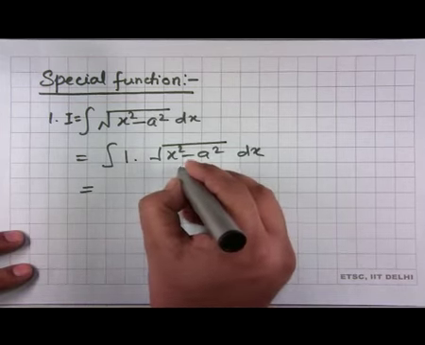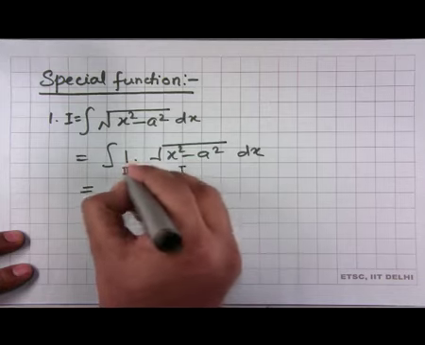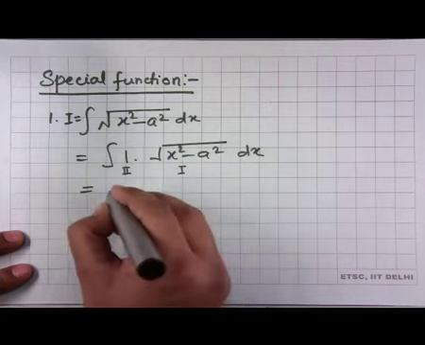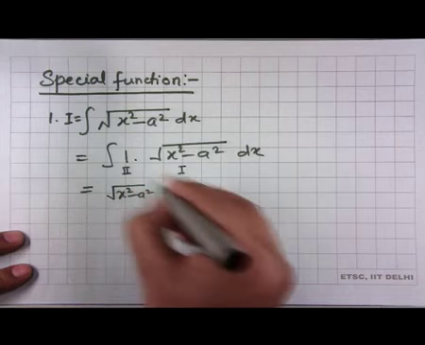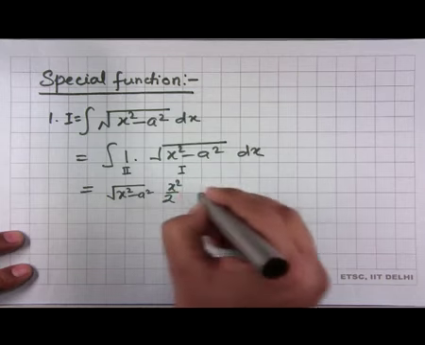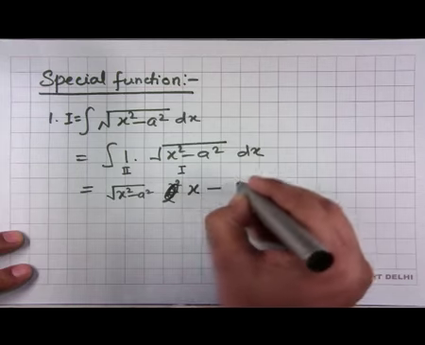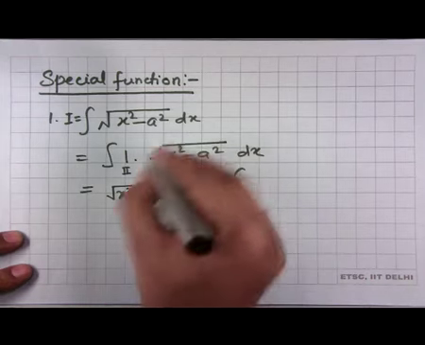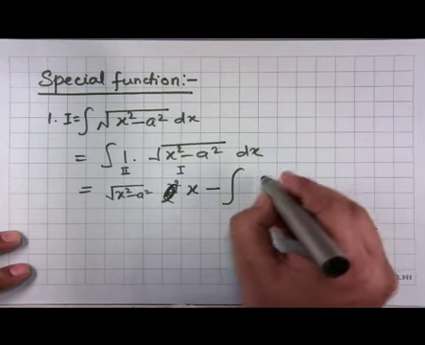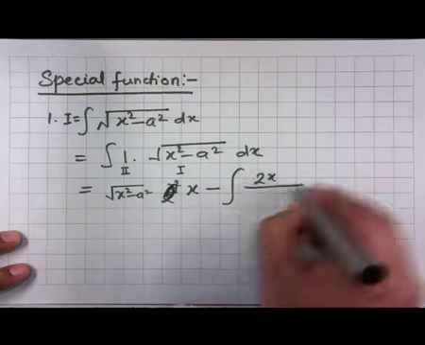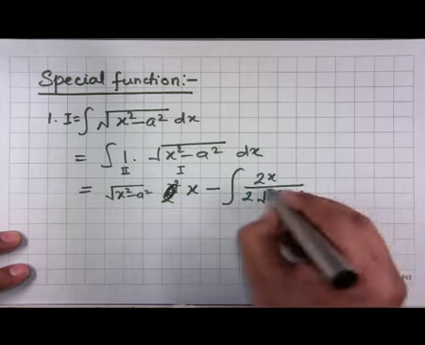So, consider this function as first function and this function as second function as usual. So, you will get square root of x square minus a square, integration of 1 will give you x, minus integration of the differentiation of square root of x square minus a square, which will give you 2x upon 2 root x square minus a square.